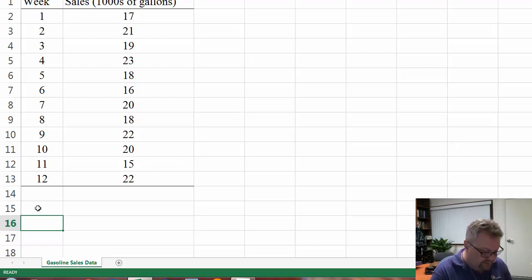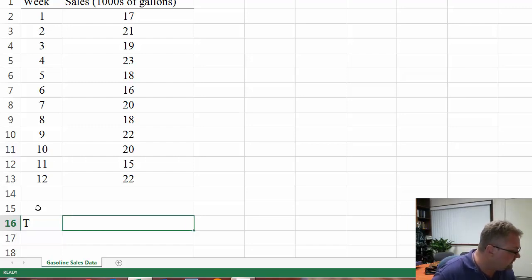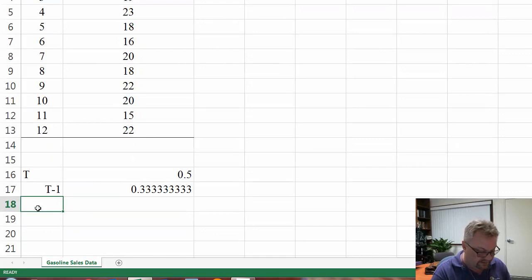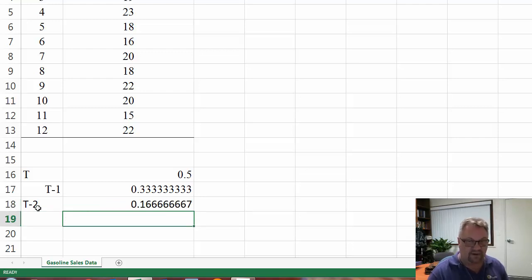In time period T, we say the weight is 3/6. So just take 3 divided by 6. And then in time period T minus 1, the weight was 2/6. And then in time period T minus 2, the weight was 1 divided by 6.